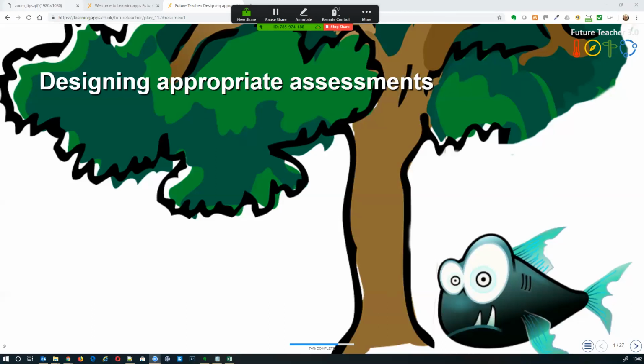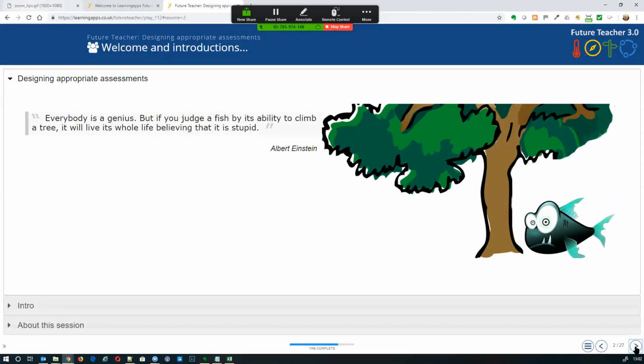assessments. The fish will become more prominent as we go on, so just keep that fish in your head and the tree behind it. If we can very quickly look then at what we want to cover, because the fish comes from Albert Einstein. Everybody's a genius, he says. I'm not sure that's entirely true, but I get the gist of it.